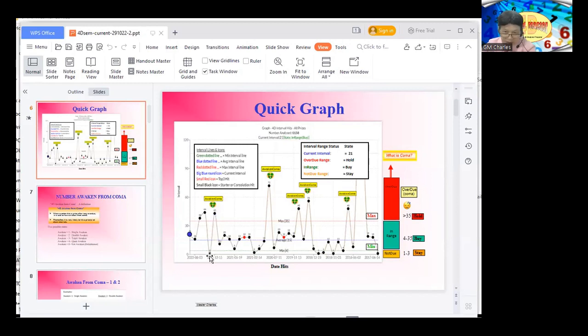You can see it came after 1 draw. That means it hit at OverDue, awaken from coma, and hit again immediately. So sometimes it happens like that, but most of the time it will hit from the minimum to the maximum range, which for this case is from interval 4 to 35. So you get the point?